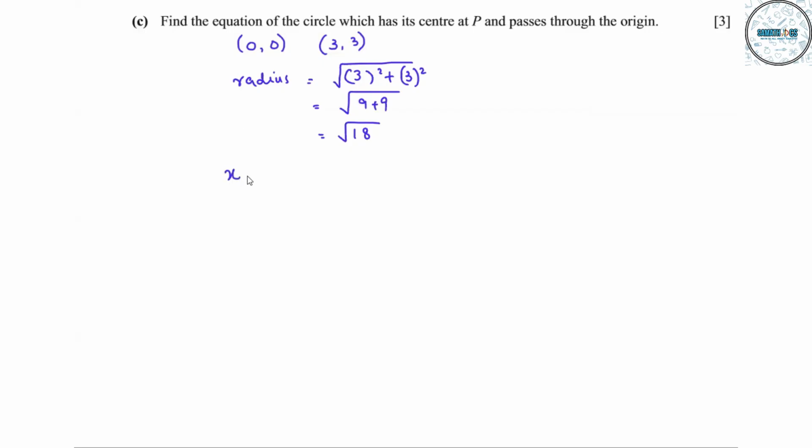So x minus 3 whole square plus y minus 3 whole square is equal to 18. R square. So here R is under root 18. So its square is 18. So this is the equation of the circle.